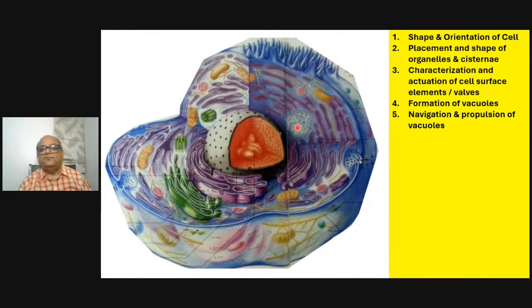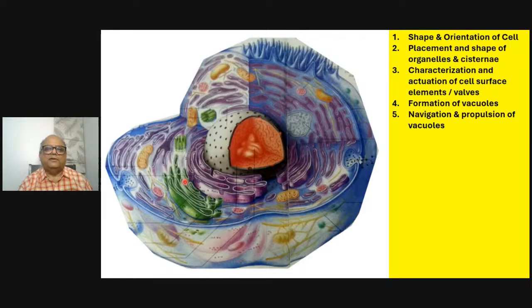Okay, it hydrolyzes the food, right? So lysosome, there are some of these cisternae inside where lysozyme is stored. Okay, lysozyme is for hydrolyzing, for digesting or for dissolving whatever structures are there inside the cell also.